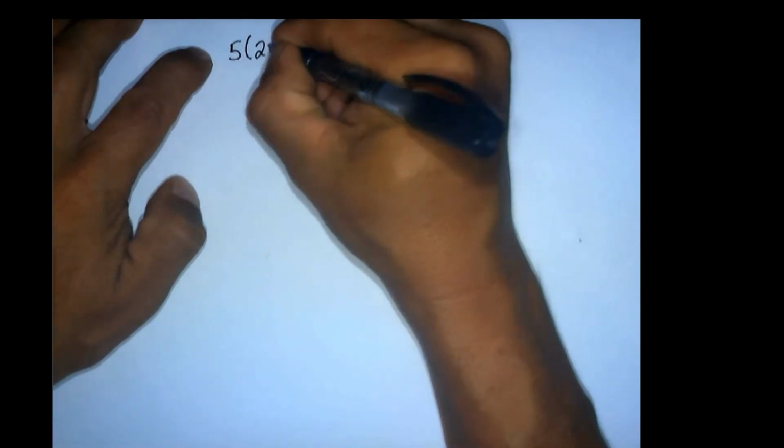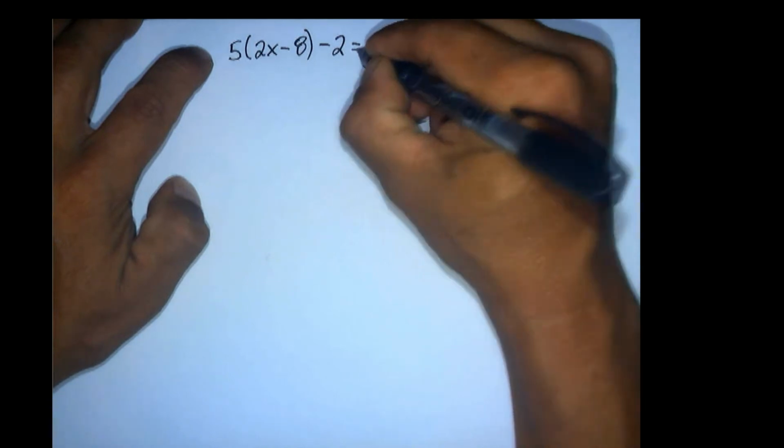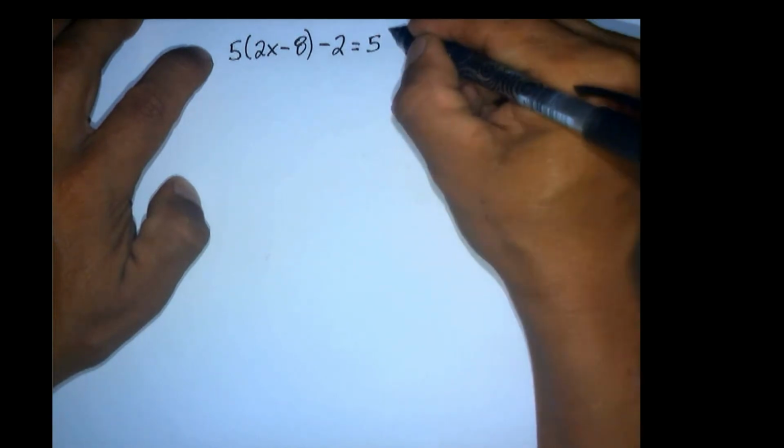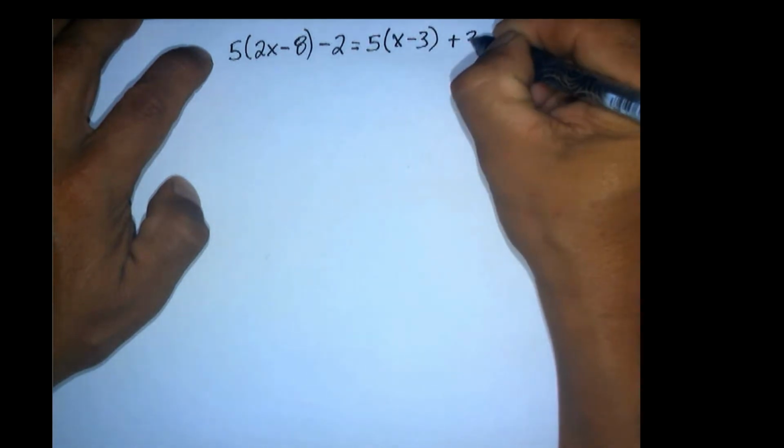Okay, here's yours: 5 times (2x minus 8) minus 2 is equal to 5 times (x minus 3) plus 3.